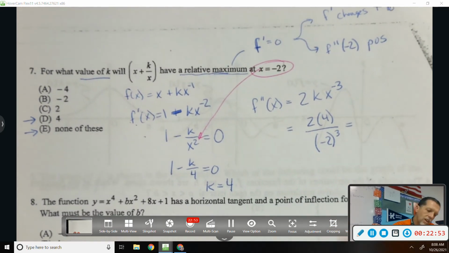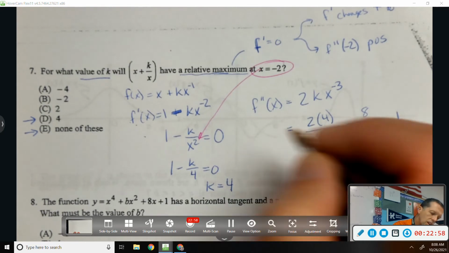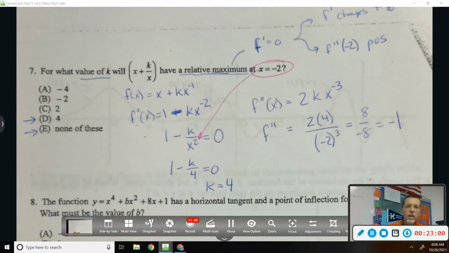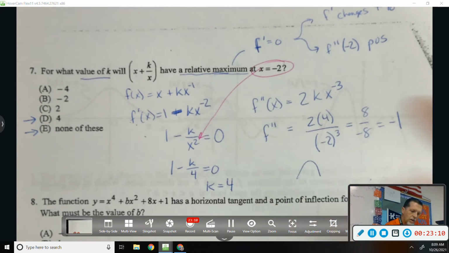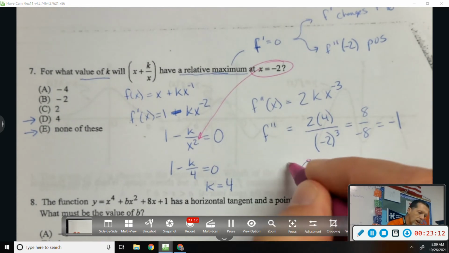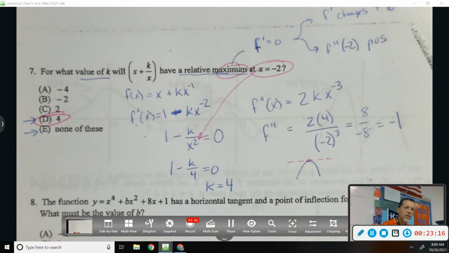So my second derivative then is -1. What does that mean if the second derivative is negative? It's concave down. And it was a horizontal tangent line. So yes, we have a max when k is 4.